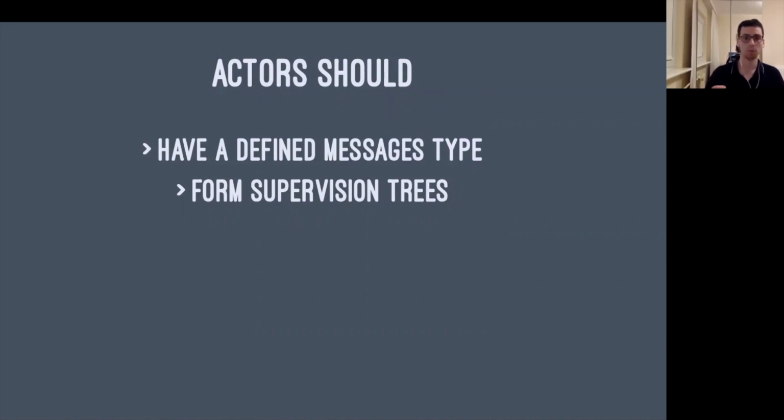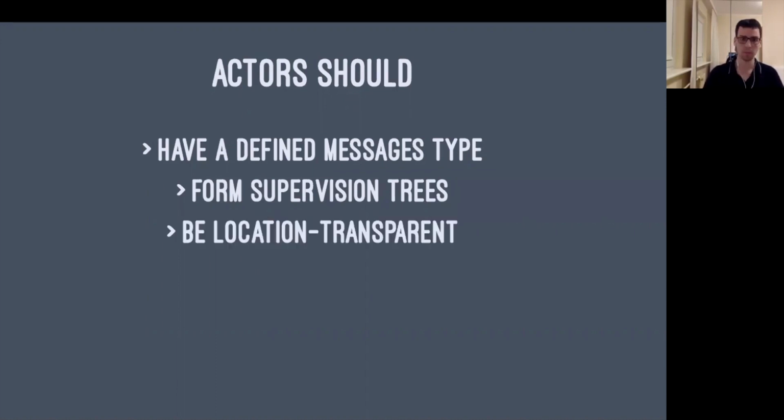So we should be able to define some supervision strategies that this actor can apply in case of message processing failure to recover with a given schedule, or maybe elevate it to the higher level in the hierarchy of actors. And we also would like our actors to be location transparent. So we should not be aware whether we're communicating with an actor residing on a local node or a remote one.